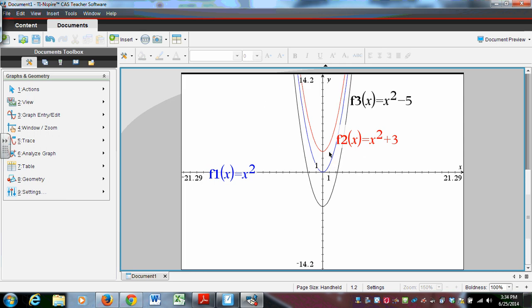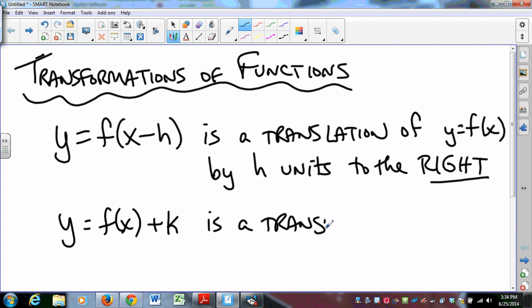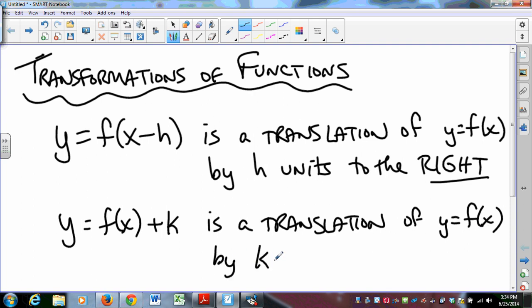And sure enough, x squared plus 3 is a shift of x squared 3 up, and x squared minus 5 is a translation of the blue graph 5 units down. And so if I have y equals f of x plus k, that's a translation of y equals f of x by k units up.